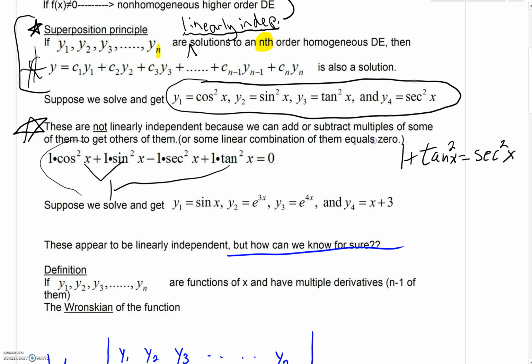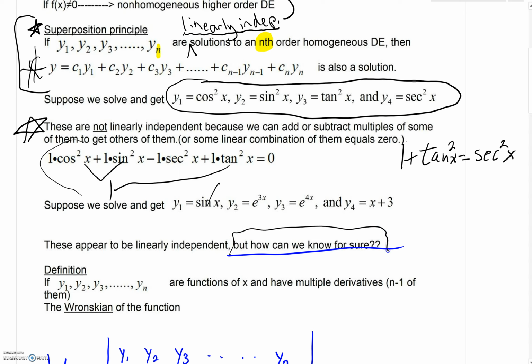So suppose we solve and we get sine x, e to the 3x, e to the 4x, and x plus 3. These certainly appear to be linearly independent. We don't seem to know identities that would link 2 or 3 of these to get another, or adding some constants of all of these wouldn't add up to 0 if we just try to immediately think of a way to do that.